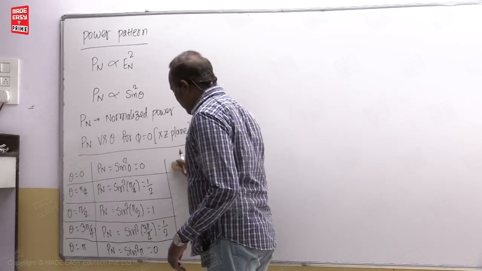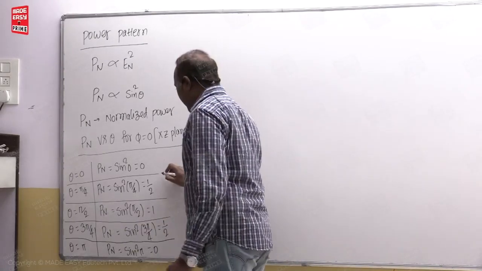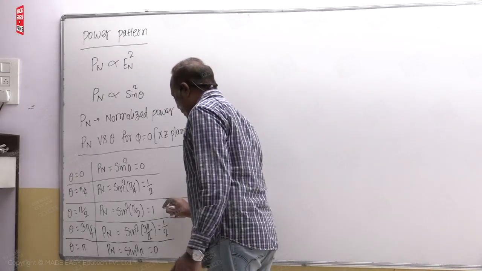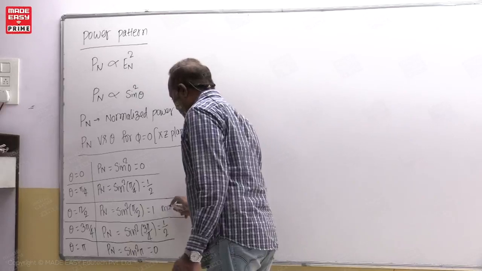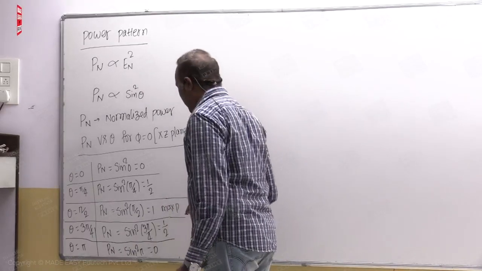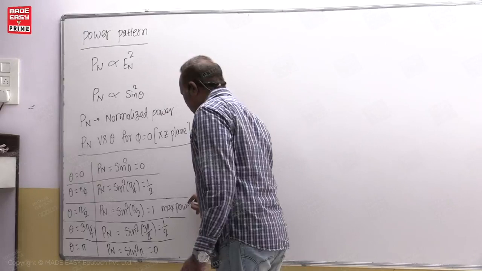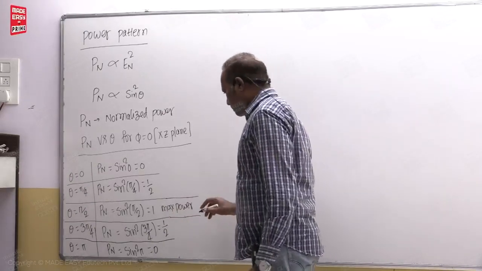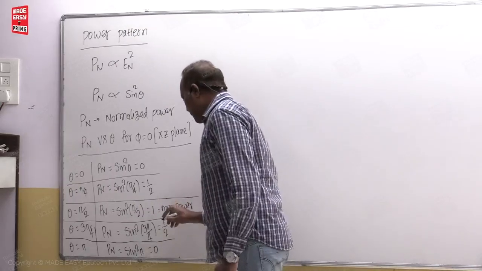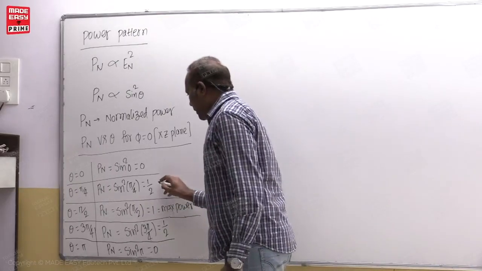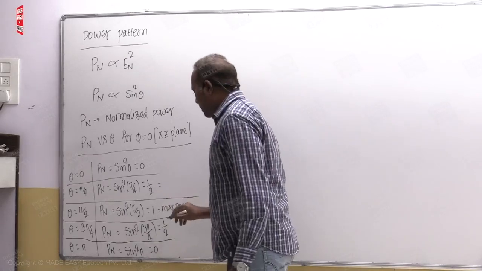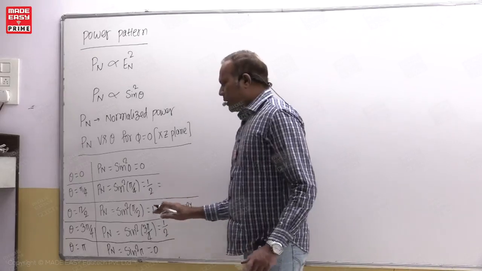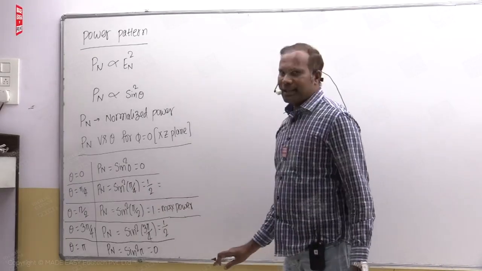If you see carefully, here the highest power is the maximum power. This is the maximum normalized power, students. Normalized power is maximum means power also will be maximum. This one is actually half of the maximum power. Normalized power is 1 at this location, that means at this angle power is also maximum.